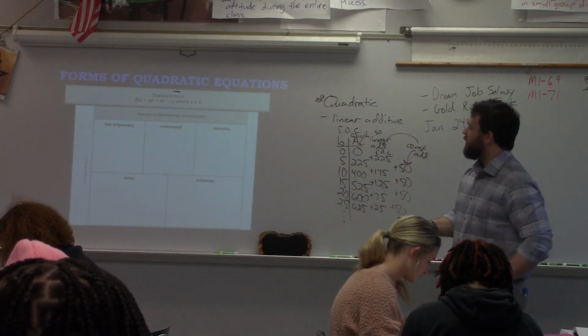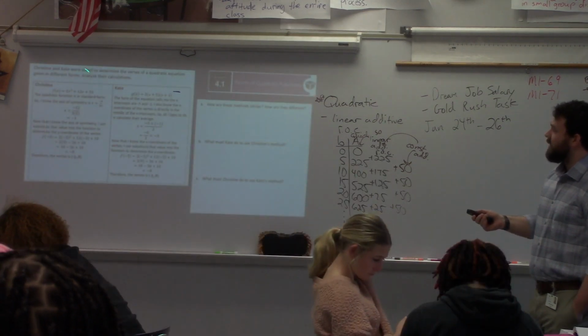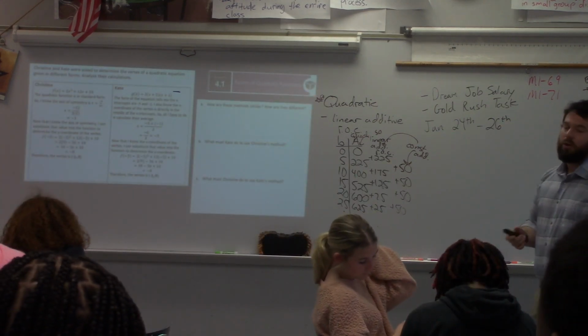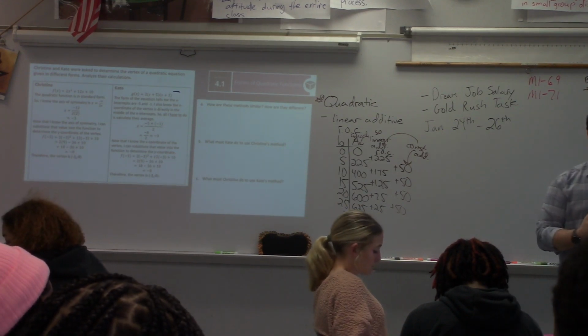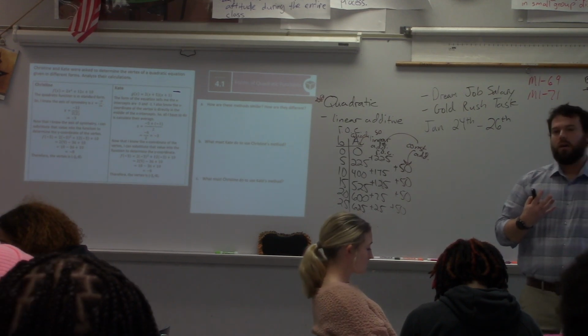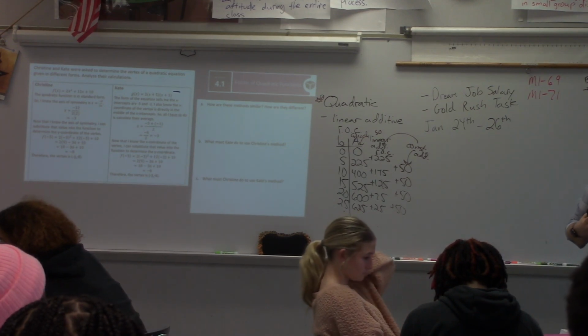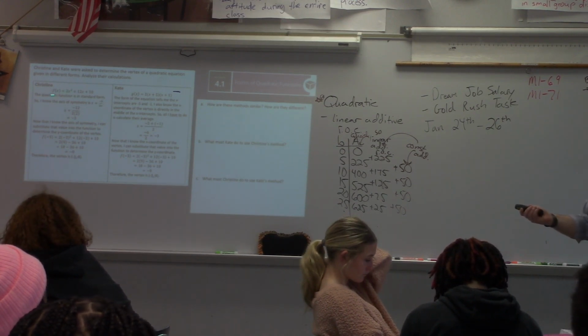And then the last thing I would remind you is this sheet right here about Christine and Kate. This was to help us figure out how to determine the vertex and the axis of symmetry, even if we have standard form or factored form. Now, you may think, hey, Mr. Kenny, I'm going to have a calculator to be able to do those calculations.